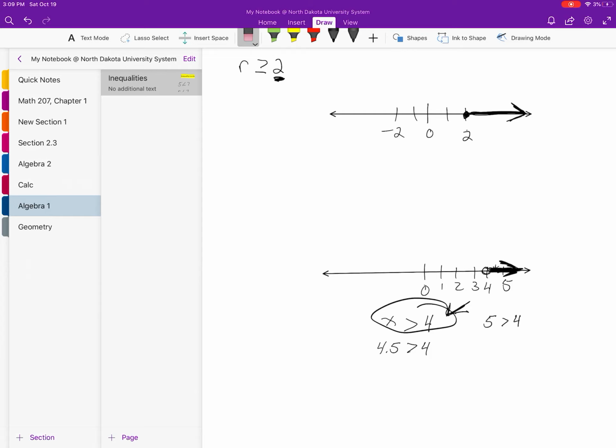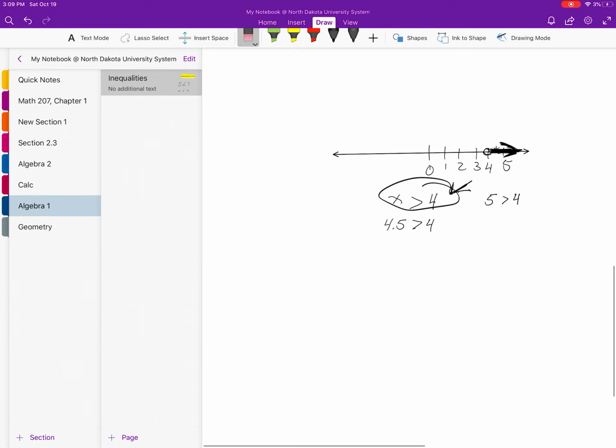Okay, one more, and then we'll practice writing an inequality algebraically from words.